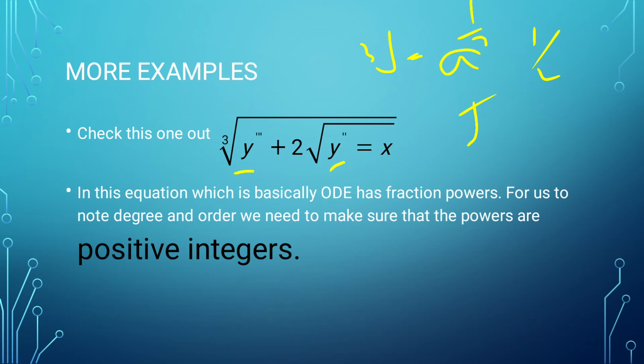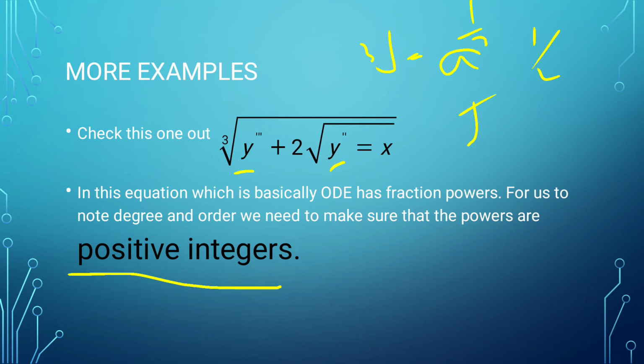But remember our interest, what we emphasized: to get the degree of any given ODE, the power should be a positive integer. So these are not positive integers, of course. So for us to note the degree and order, we need to make sure that the powers are positive integers.